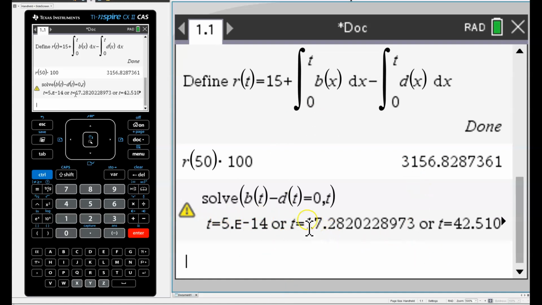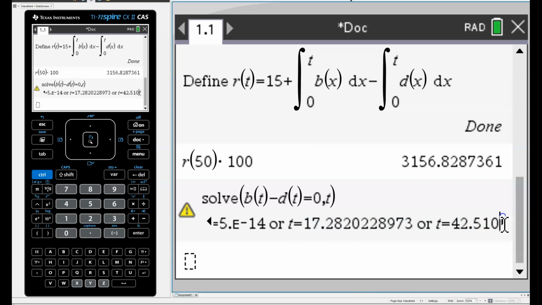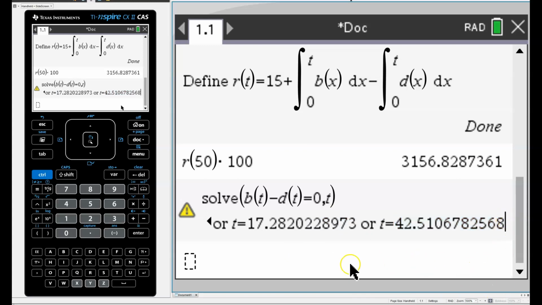It looks like we have a couple of critical values. T equals 17.822, and this one 42.510.